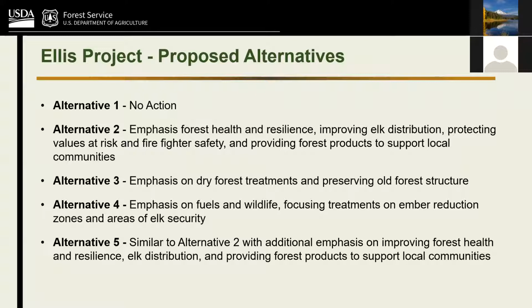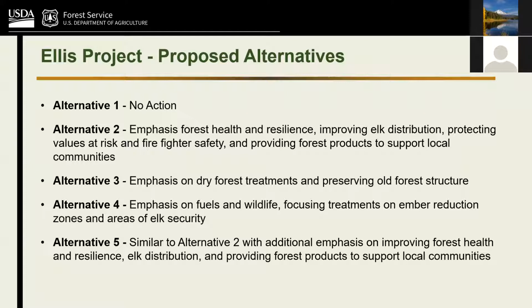those areas we would propose treatment in as well, because like I said before, you want to couple the vegetation management with road management to achieve what we want to achieve with improving elk distribution. And then alternative 5 is very similar to alternative 2, with the exception of using that 21-inch amendment and being able to remove 21-inch or greater live trees, depending on the conditions and the tree, and being consistent with that amendment.